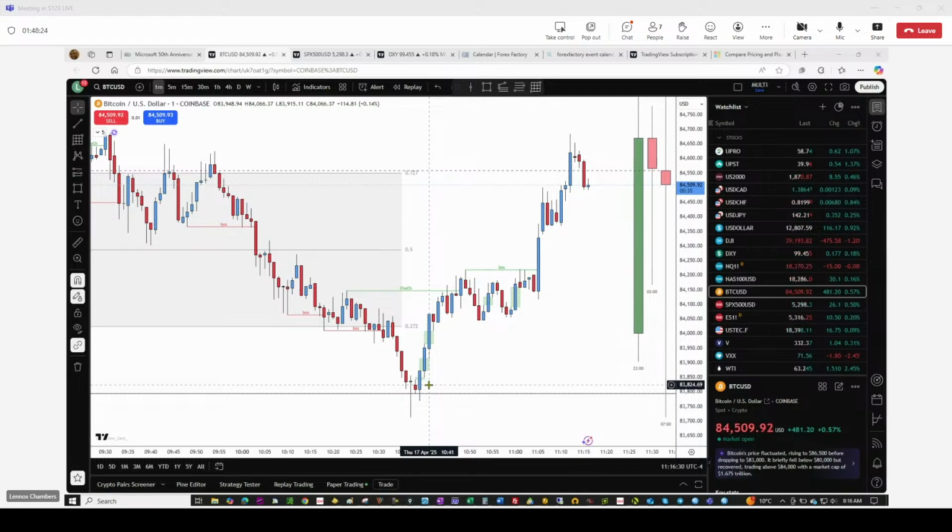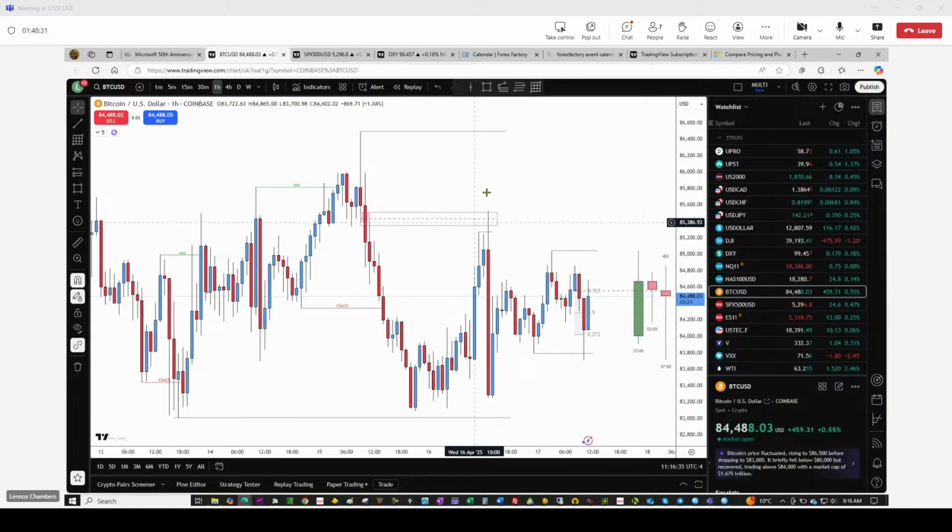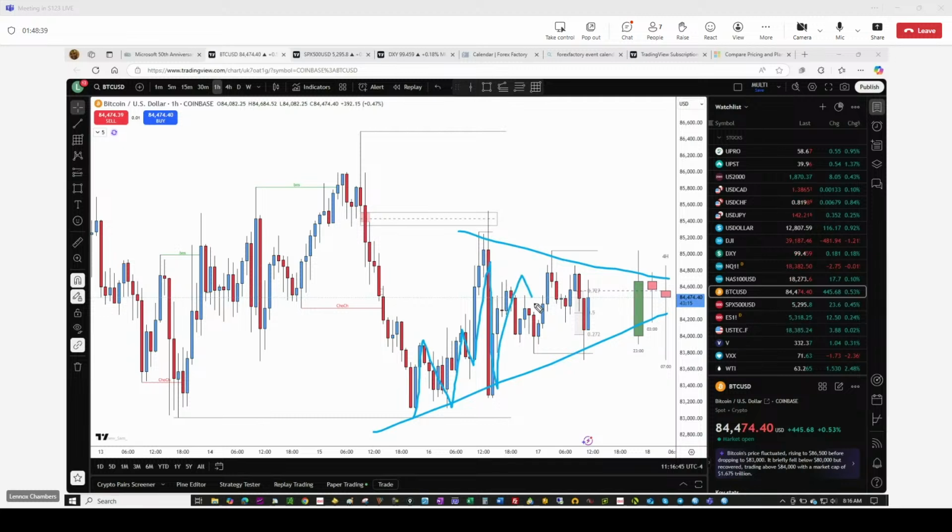Yeah. So yeah, the key here with Bitcoin is that we're in a very messy, choppy affair here, and it's very difficult playing. They're just manipulating because the overall structure is from the higher time frame.